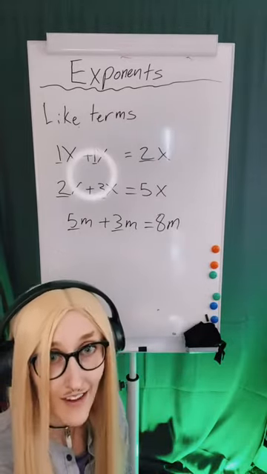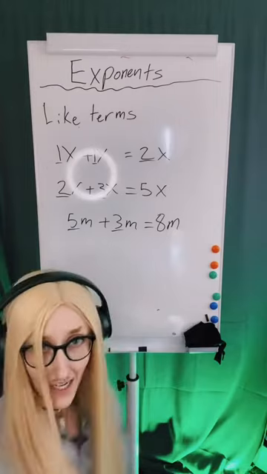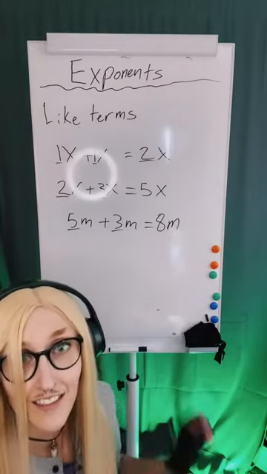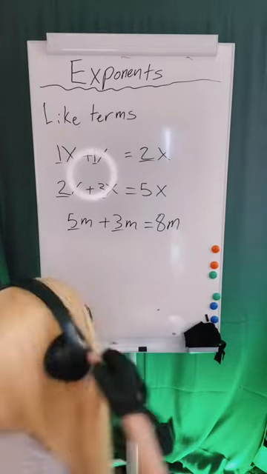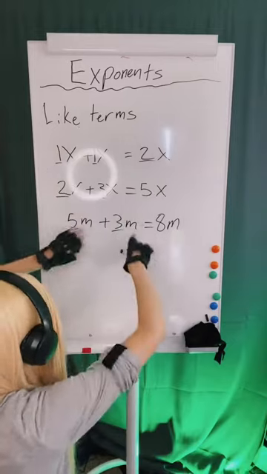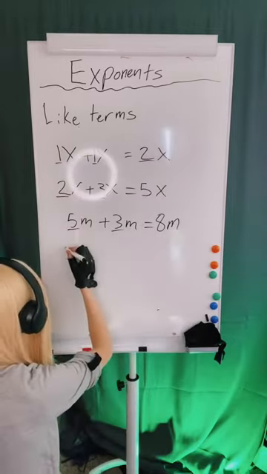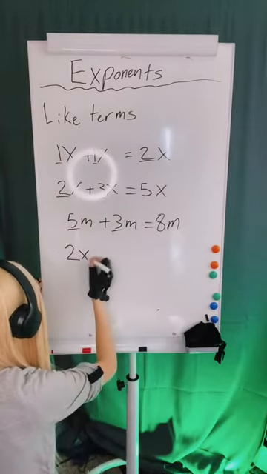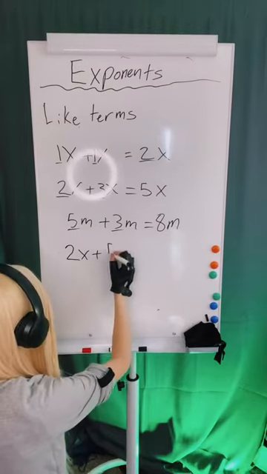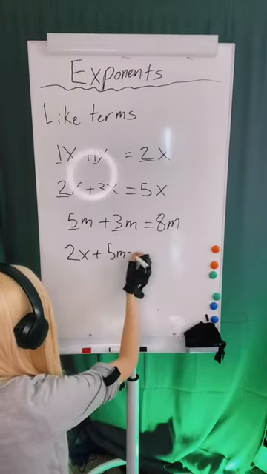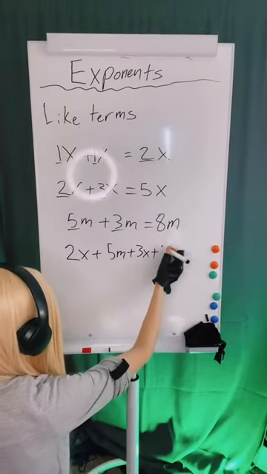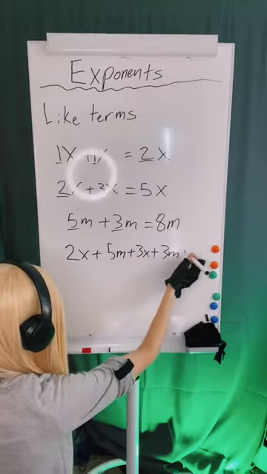Beautiful. All right, let's spice it up a little bit, make it a little harder, shall we? We're making it just a smidge harder. We'll mix the m's and the x's, okay? Let's do 2x plus 5m plus 3x plus 3m.